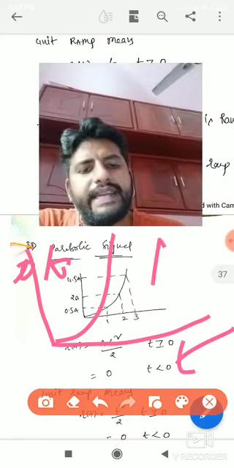So what is the equation? r(t) is equal to At square by 2 for t greater than or equal to 0. For t less than 0, is there any response? There is no response. So you can easily understand: r(t) is equal to At square by 2 for t greater than or equal to 0, and equal to 0 for t less than 0.